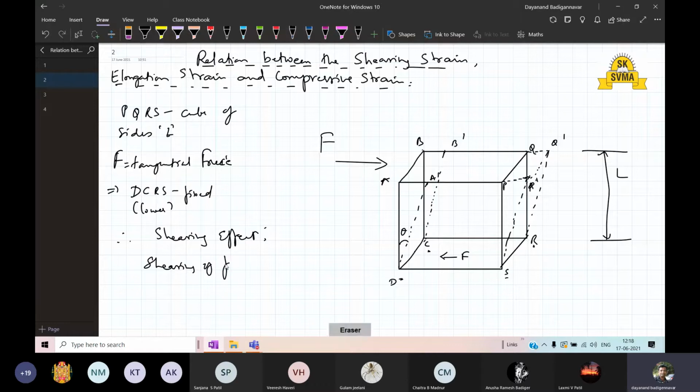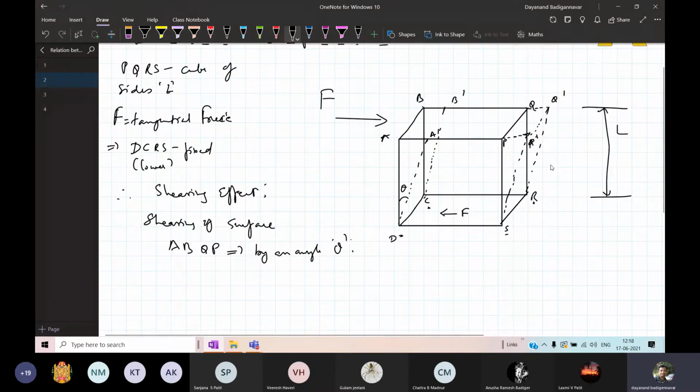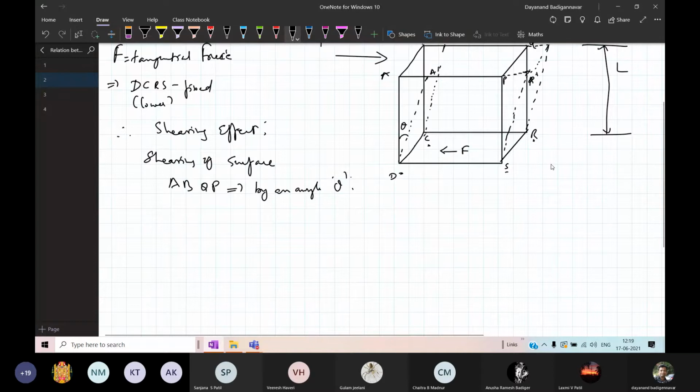The surface ABQP, the top surface, gets sheared by an angle theta. This is the shearing angle theta. Now I can define shearing. So this is the first one, that is shearing that has taken place.